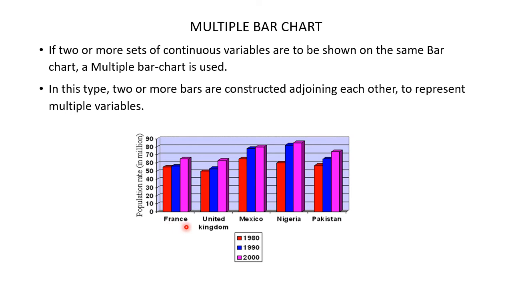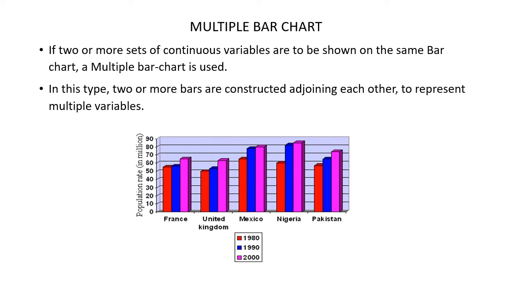Now let's consider the example of France. Here this red bar represents the population rate in 1980. The blue bar represents the population rate in 1990, and the purple bar represents the population rate in the year 2000.